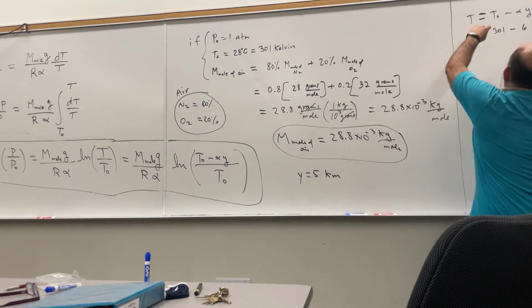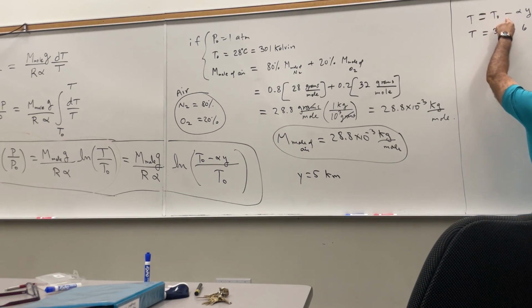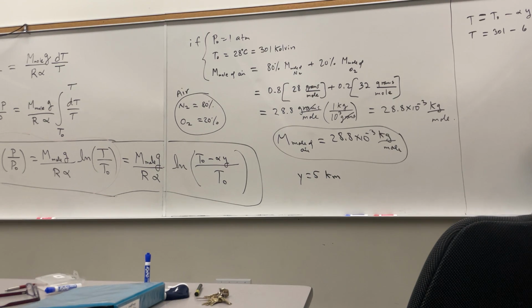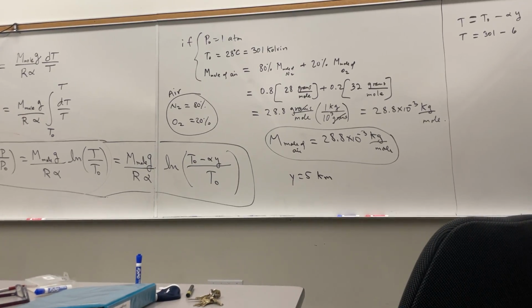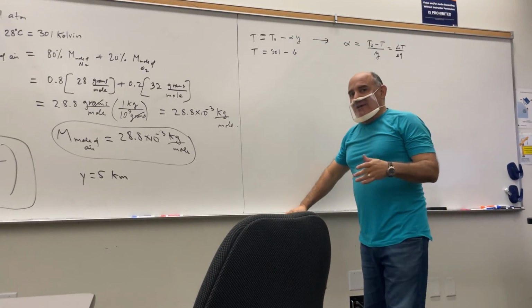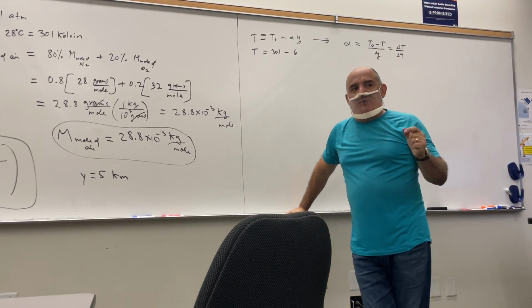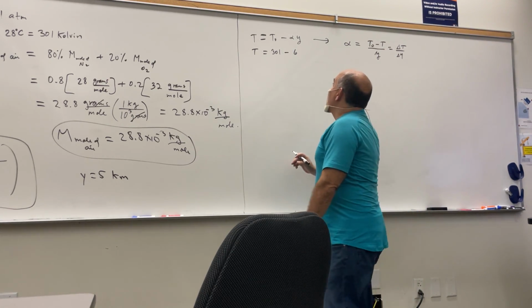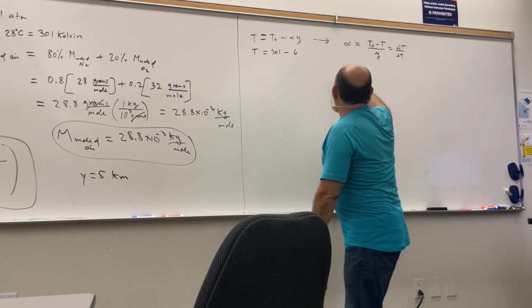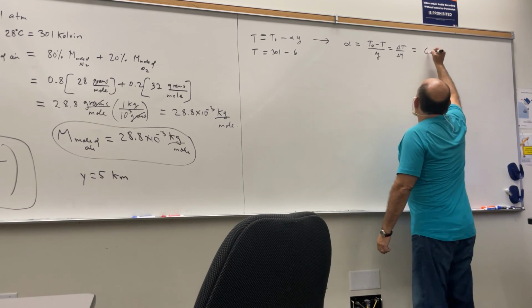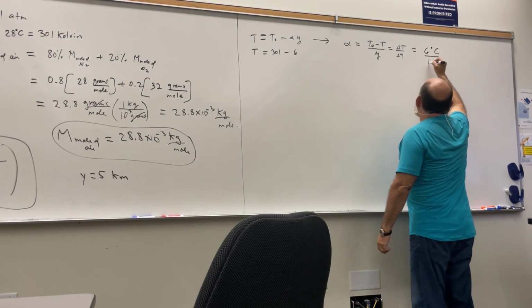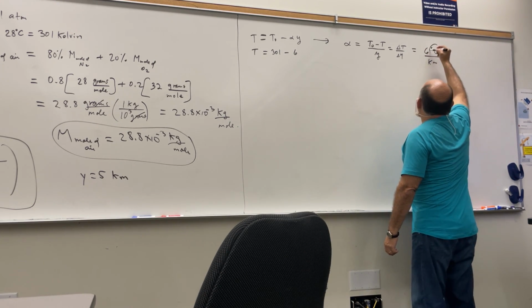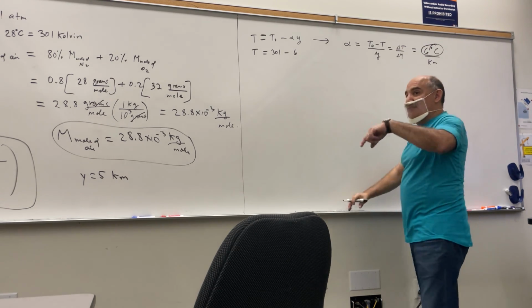I can think of alpha, if I solve for alpha over here, right? What is alpha? It'll be T naught minus T over Y, so this is like a delta T over a change in height. So alpha is the change in temperature when you change the altitude by 1 kilometer. Remember that alpha is 6 degrees Celsius per kilometer, a change in temperature of 6 degrees.